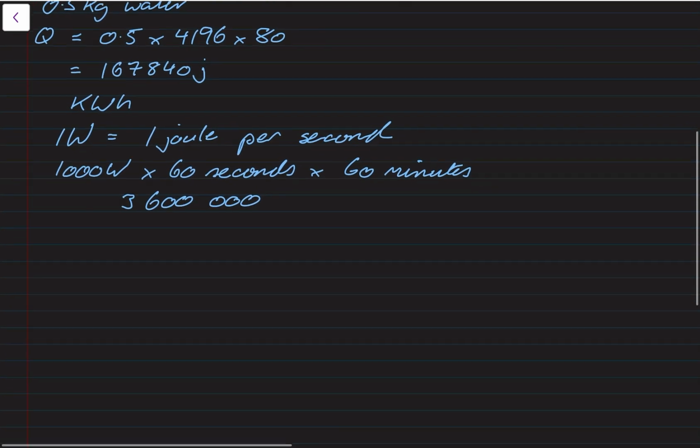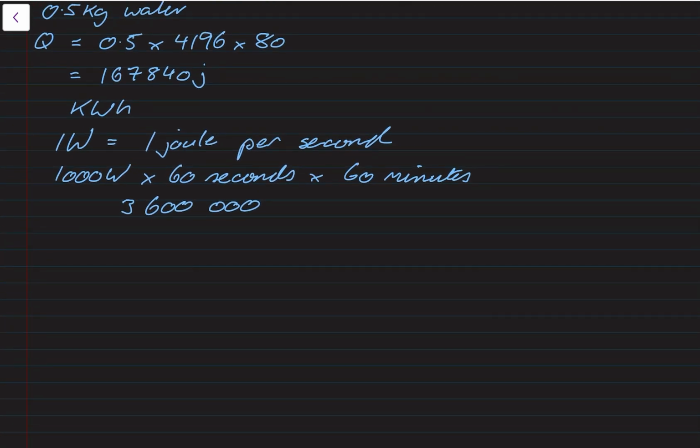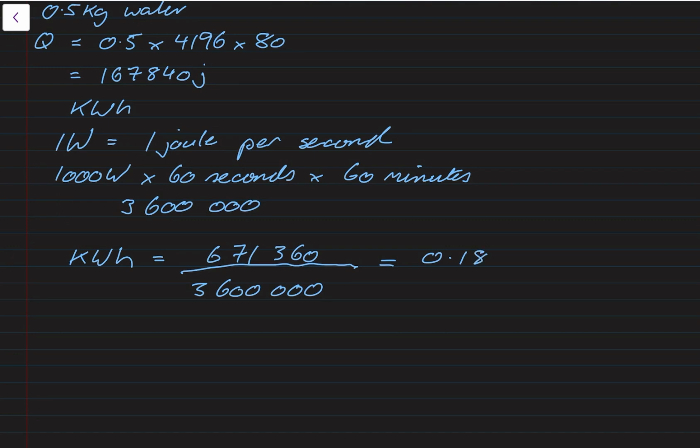So in scenario 1, where we had 2 kilograms of water, we had 671,360 joules. Now because it's in joules, we divide that by the 3,600,000 joules, and that equals 0.1865 kilowatt hours.